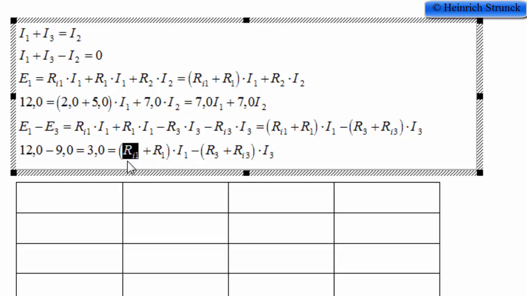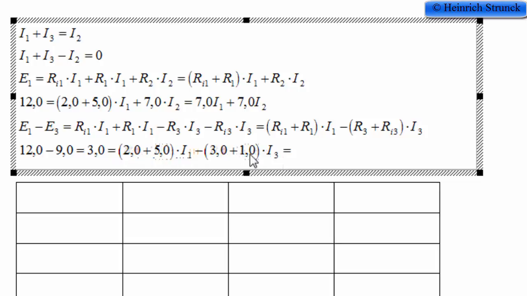The internal for the left side is 2.0 and R1 is still 5 ohm. R3 is 3 ohm and internal RI3 is 1 ohm.